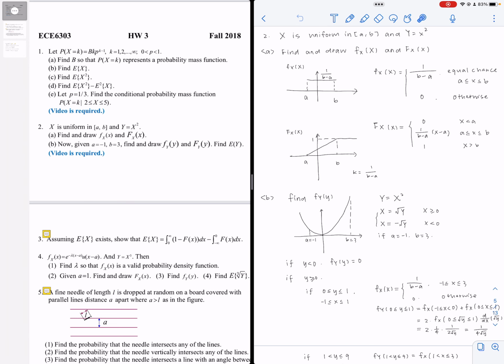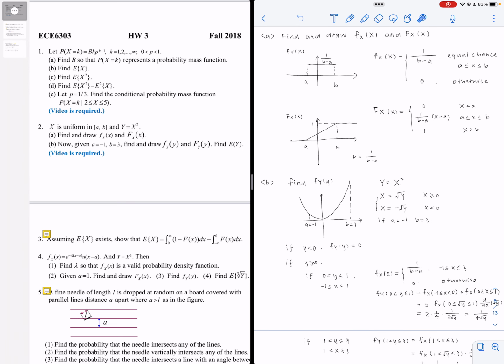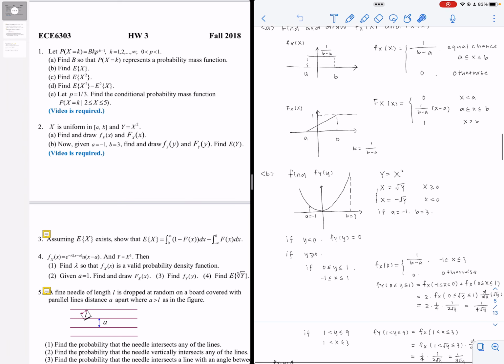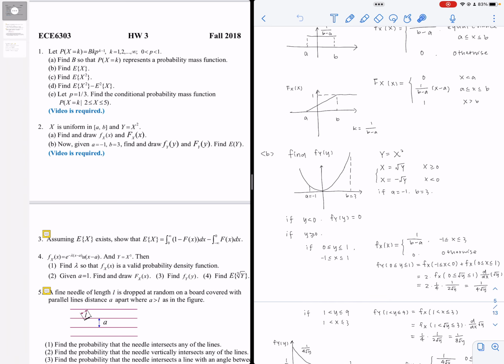And the second question is for us to find the probability density function in terms of y, given that a is minus 1 and b is 3. And so first of all, we can draw a little graph here.